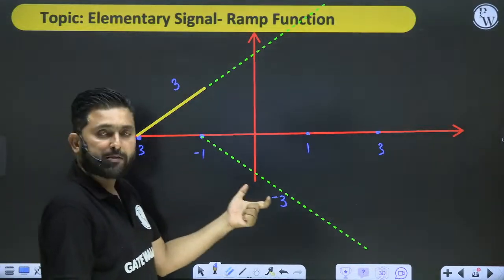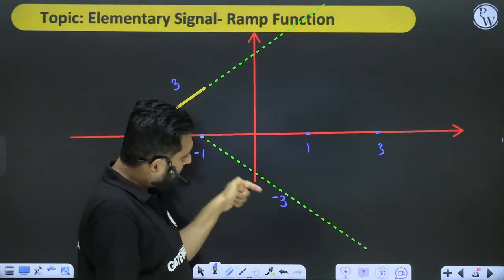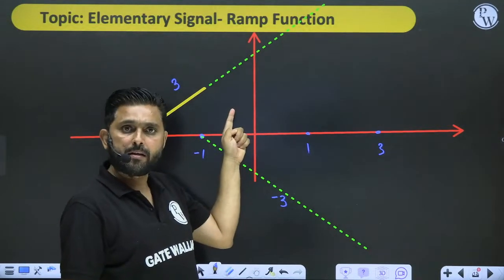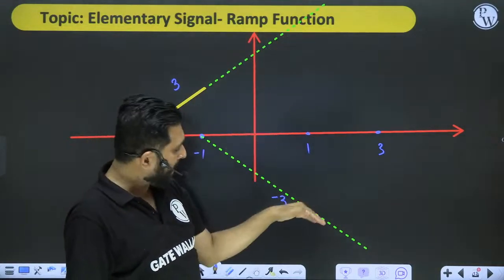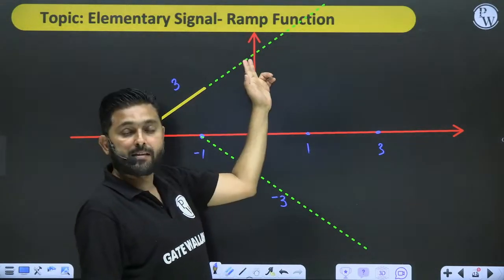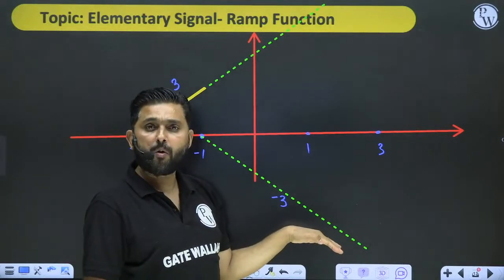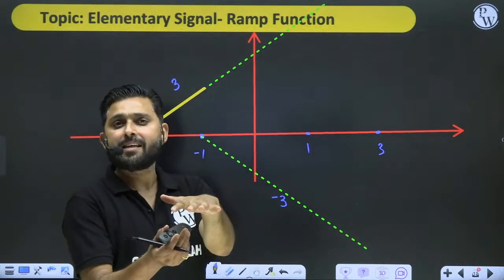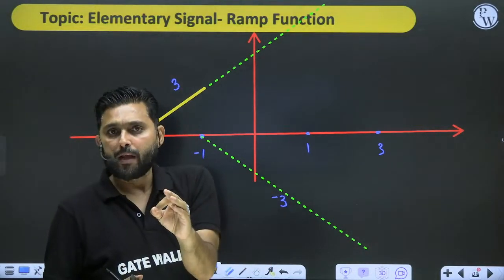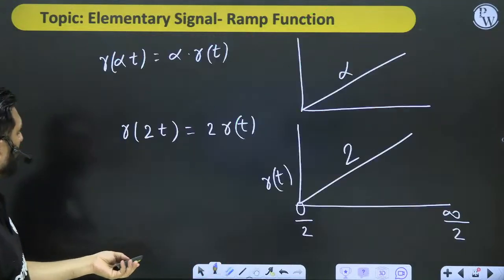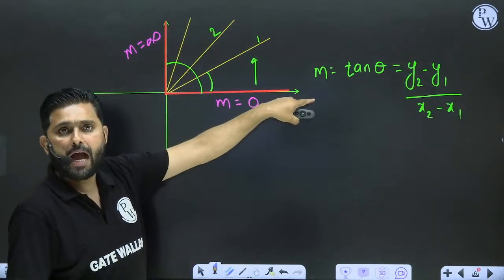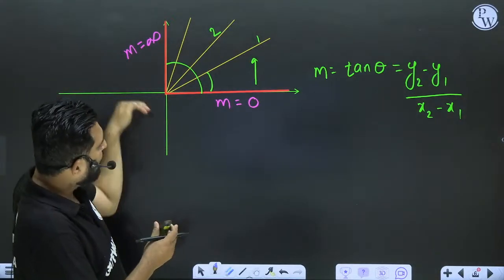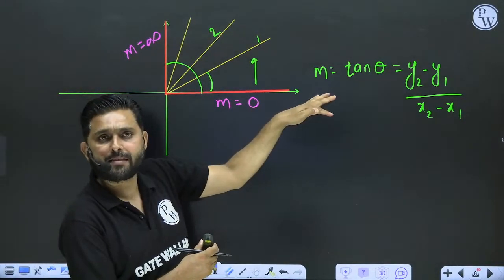But at -1, since -3 slope is added into it, what will happen? This +3 and this -3 will meet and make a 0 slope. And I told you in this one, see here, if I have a 0 slope, then I have a line parallel to x-axis.